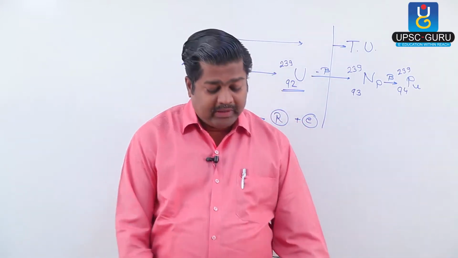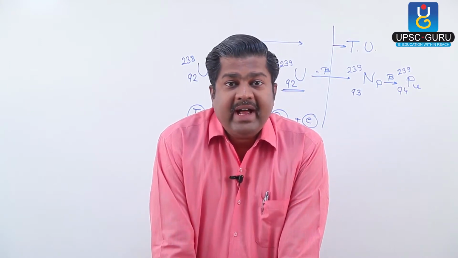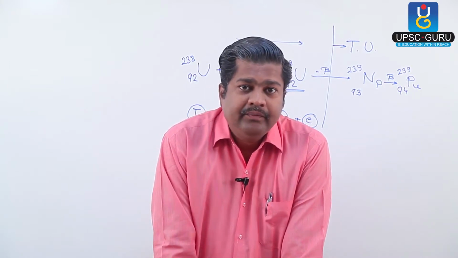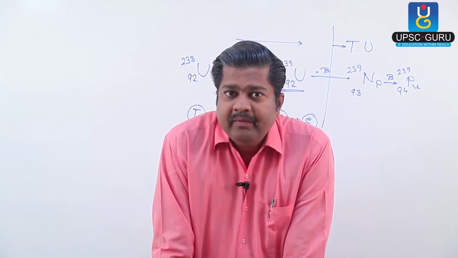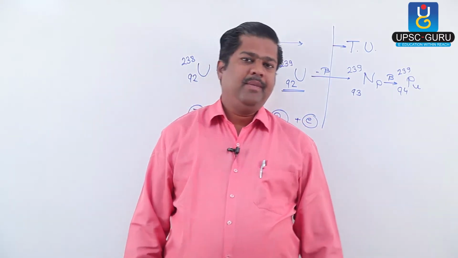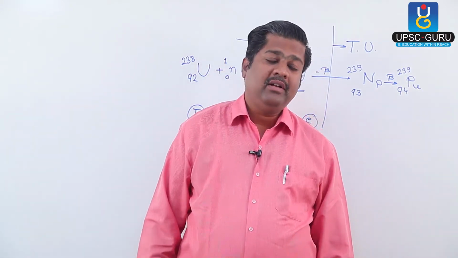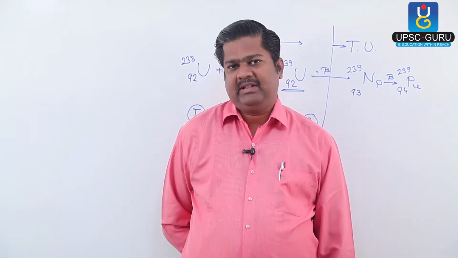Because for that purpose certain instruments are required, called particle accelerators. For example, the first particle accelerator built had a length of 9 kilometers. Imagine a 9 kilometer length instrument, called a linear particle accelerator.